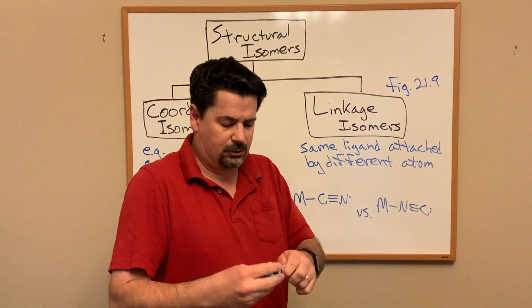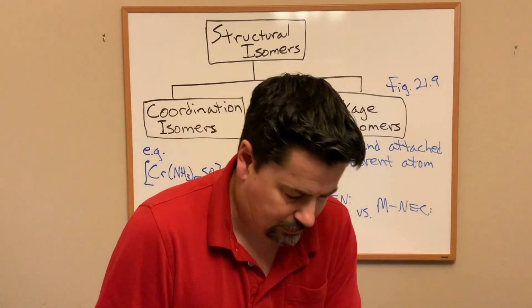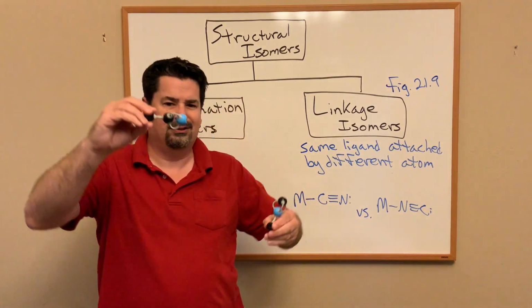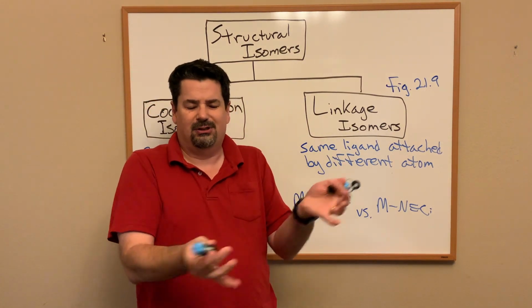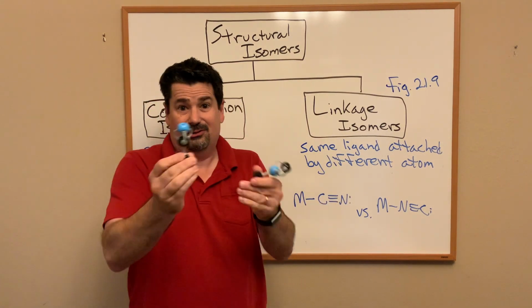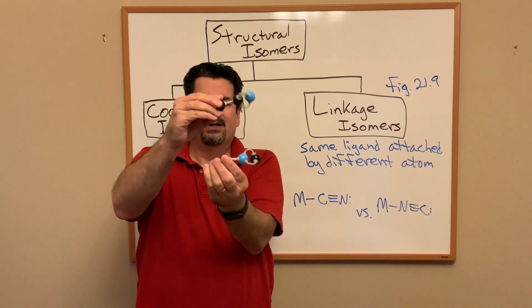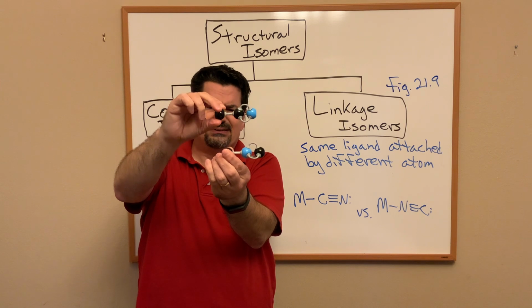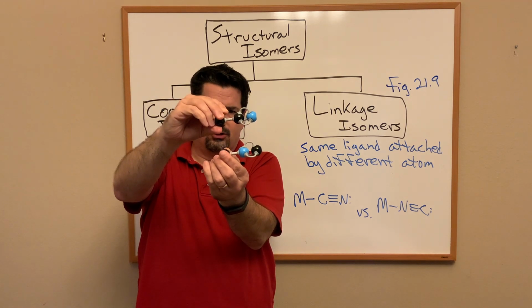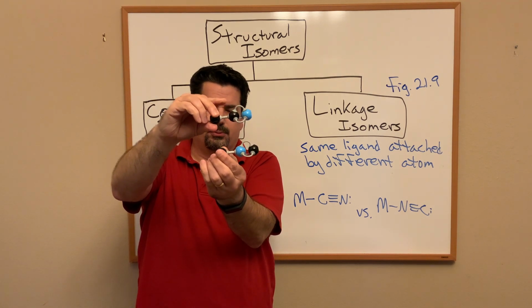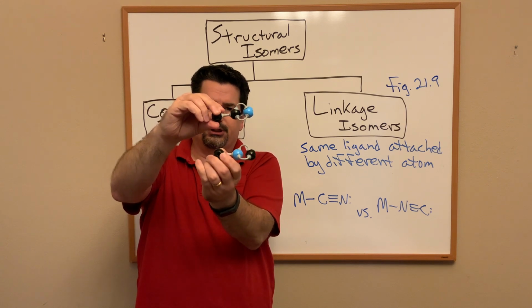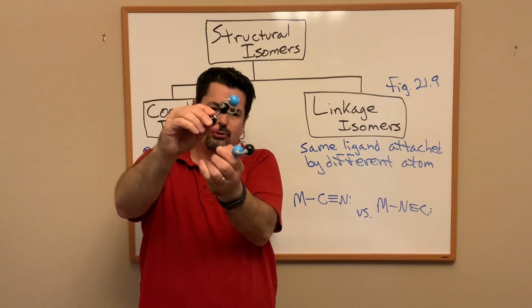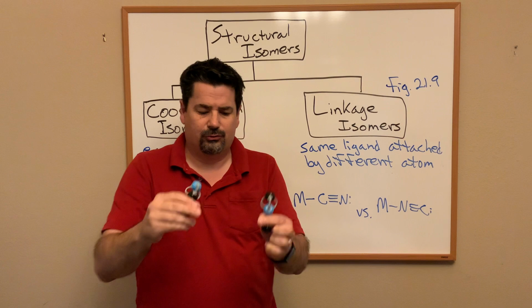Pretend metal. See, black is usually carbon, but I didn't have enough metal ones because I'm going to use more in the next video. Anyway, we can see on the top we've got the coordinate covalent bond between the carbon and the metal, and on the bottom it's between the nitrogen and the metal. So these are what we would call linkage isomers.